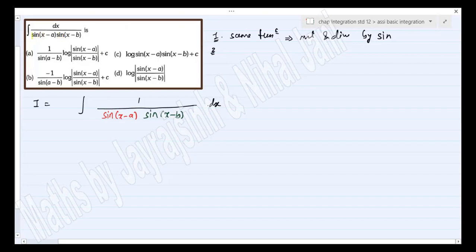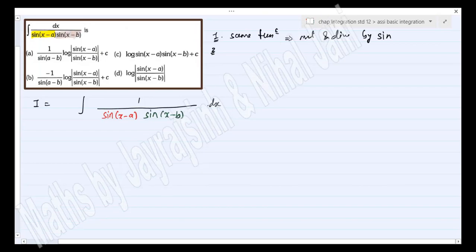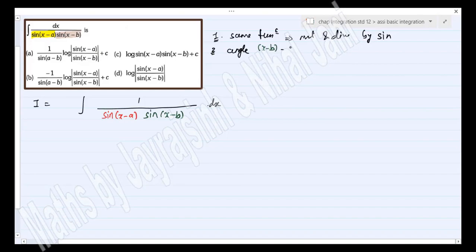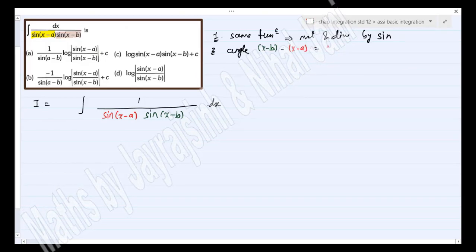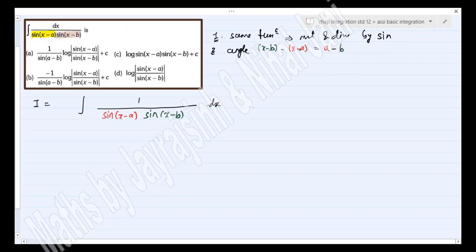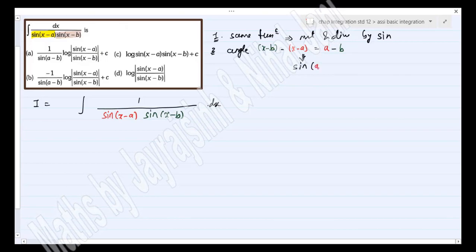Second thing, we need to get sin(x minus a) and sin(x minus b) in the numerator, and for that our angle must be the difference of given angles, or we can say (x minus b) minus (x minus a). So here x will cancel out and we will get a minus b. So we have to multiply and divide by sin(a minus b).